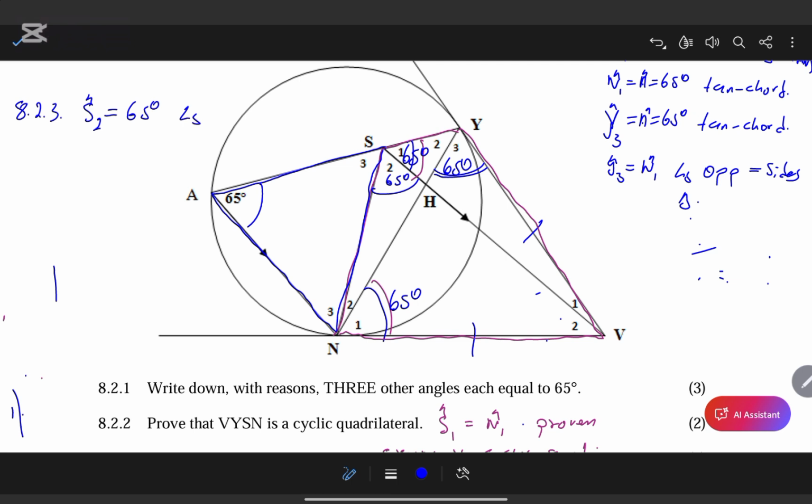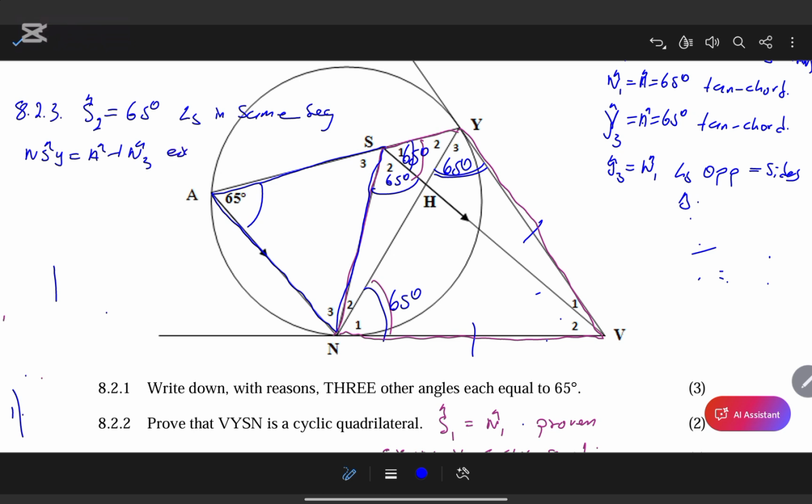These are angles in the same segment with angle Y3. Therefore, I now say angle NSY is equal to angle A plus angle N3.